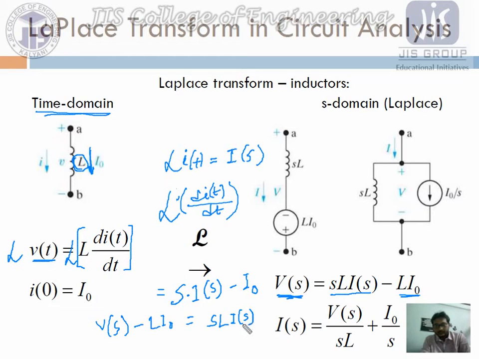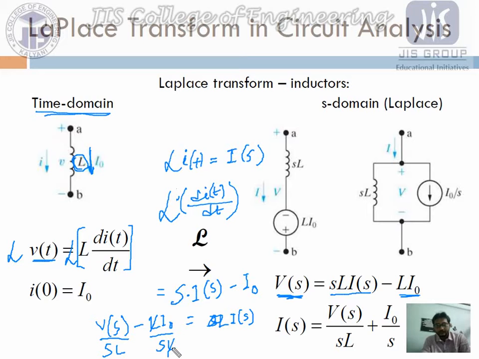So I of s will be V of s divided by s into L, and this term will be divided by s into L. So this L and this L will be cancelled out, so it will be I0 by s.